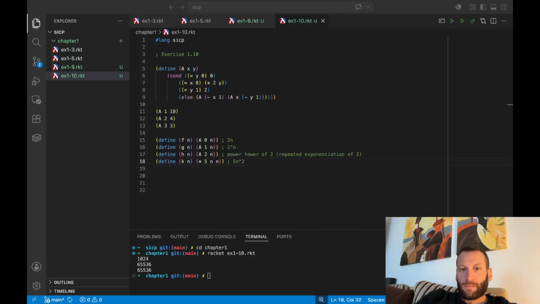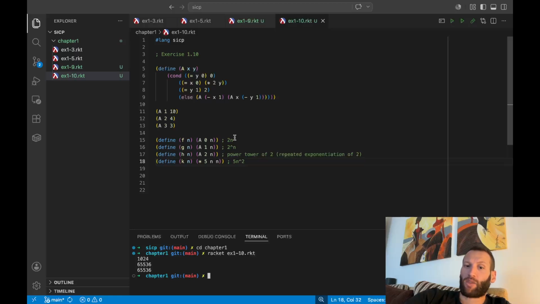Okay, and here it's very easy to find that f n can be reduced to 2n, g n can be reduced to 2 to the power of n, and instead h n is a power tower of 2.